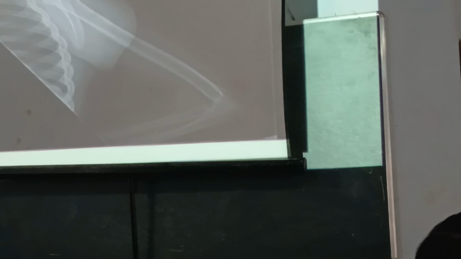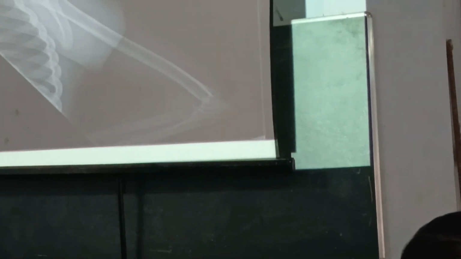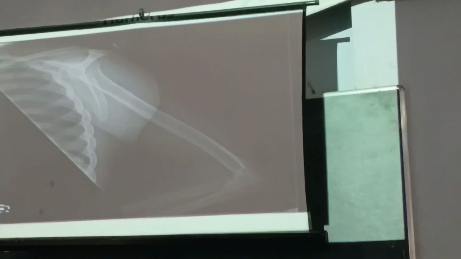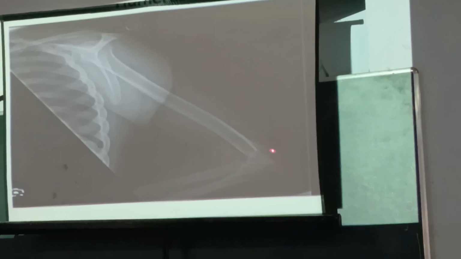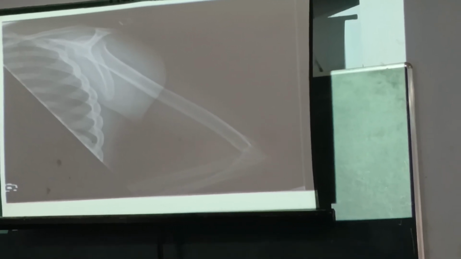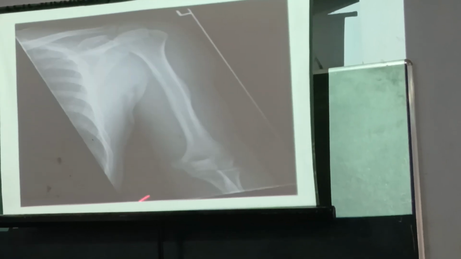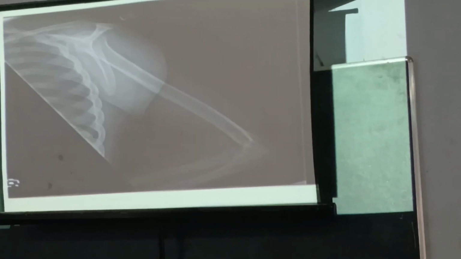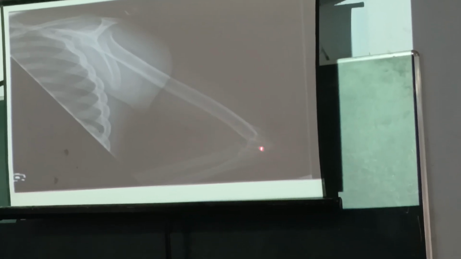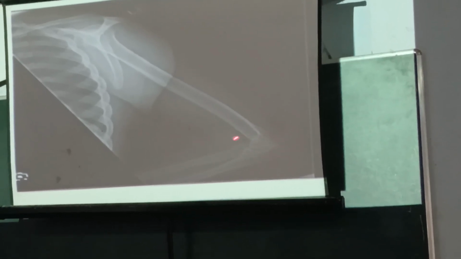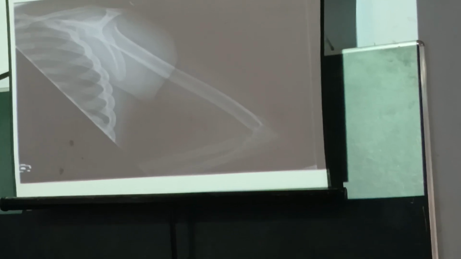Here it is mentioned that it is a left-sided X-ray. So this is the entire humerus. You can't see any olecranon fossa now. Earlier we saw the olecranon fossa, but in this view you can't, because it is on the lateral aspect. You can see the trochlea and the capitulum overlapping, right?